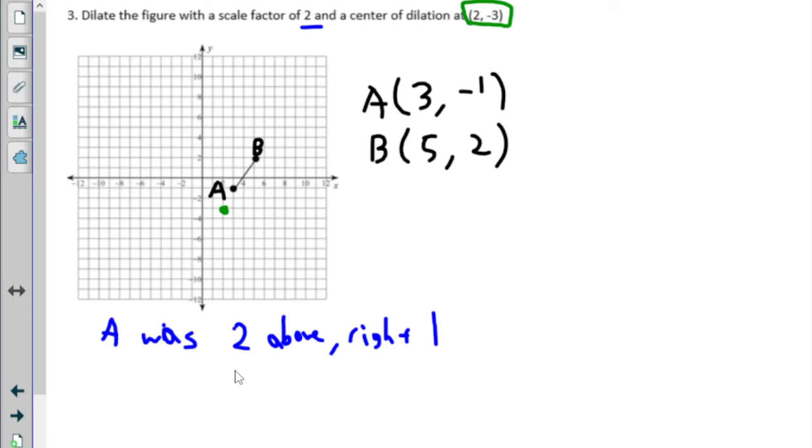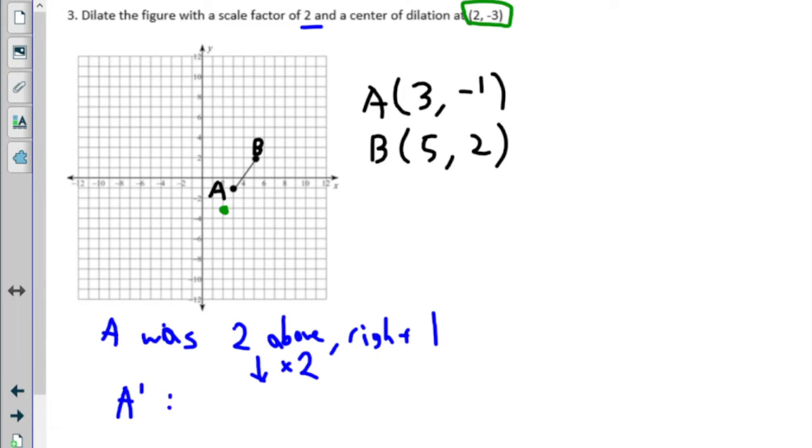And so now our next step is to take those distances and multiply them by our scale factor. Multiply them by 2. It's the same thing we have been doing, except now we're building from a different point. That's the difference. So we're taking that distance and we're multiplying it by 2.